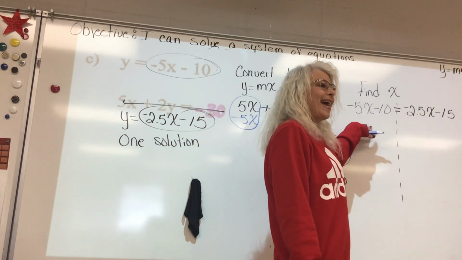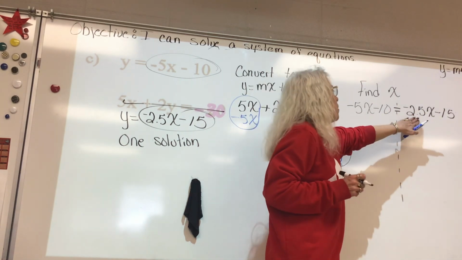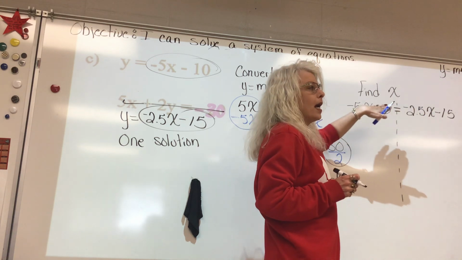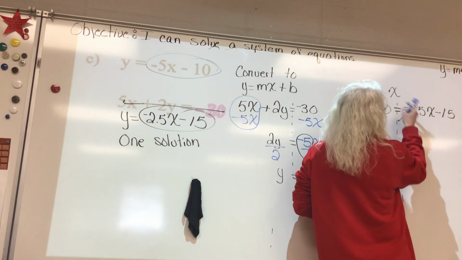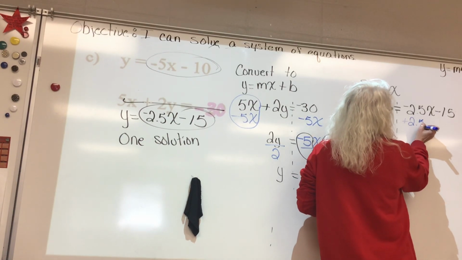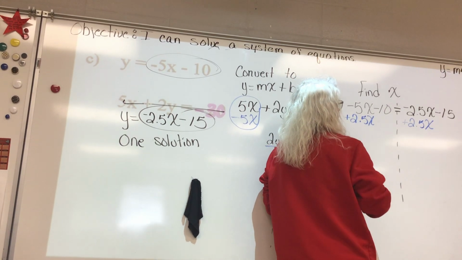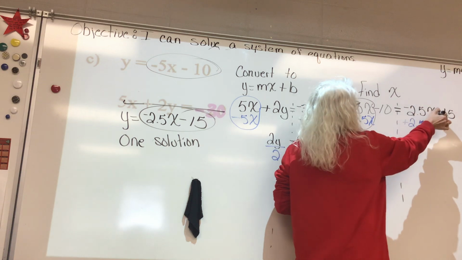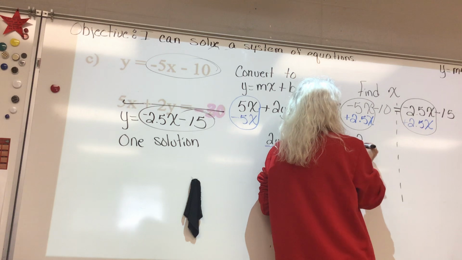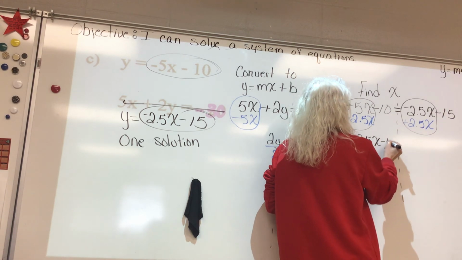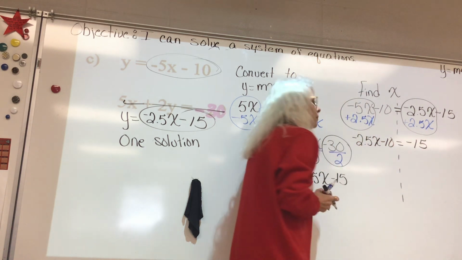We're trying to find x to find out where they are tied. So I'm going to get rid of the x on the left by doing the opposite, because I'm trying to find x. I'm getting rid of the term on the right side. Combine my like terms. Are we okay?